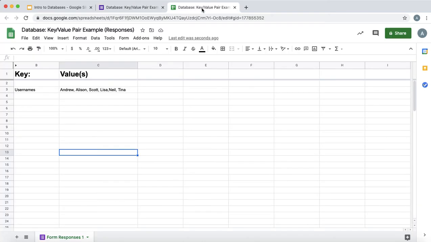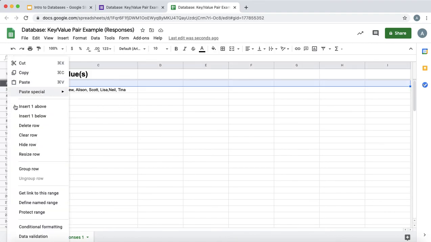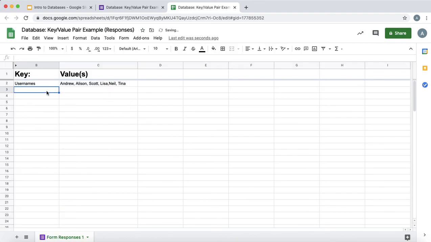But I have a database here that I set up, which is this sheet, a very simple form of a database. You can see that under the key, I have the usernames, and under the values, everything that I just typed in. If I was trying to locate all the values I just put in, I would search for them by the key, in this case, username.